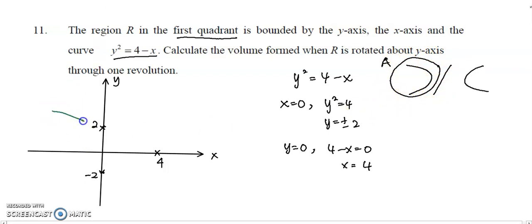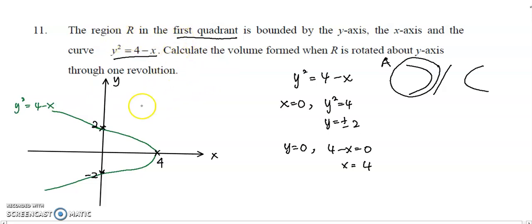It passes through 2, and x equals 4, and y equals negative 2. This is not that pretty, but we just take it to represent y squared equals 4 minus x.